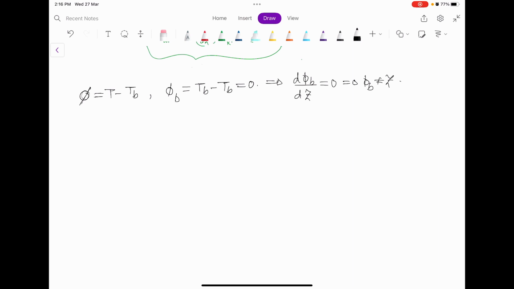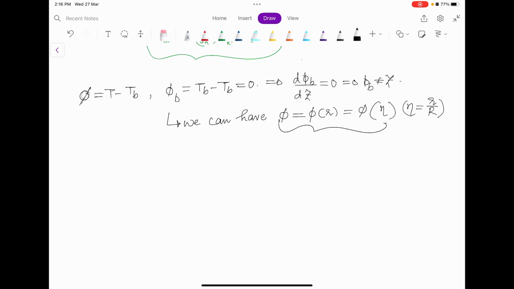So phi b is not a function of z, then we can have, I am not saying we must have, phi as a function of r only, or if I define eta as r by capital R, then eta only. I also told that let us try to find a solution.